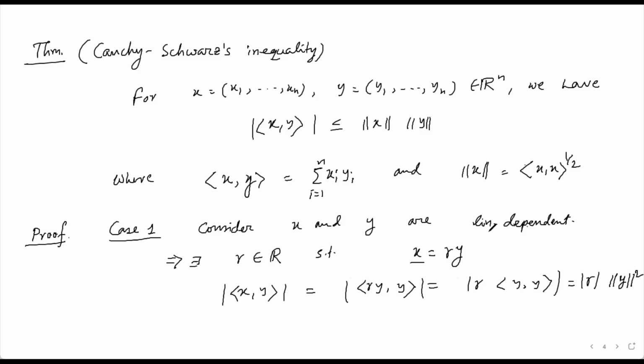On the other hand, the right hand side can be written as the absolute value of r times norm y times norm y, which is equal to the norm of r y, that is norm x, times norm y. So equality holds in this inequality.